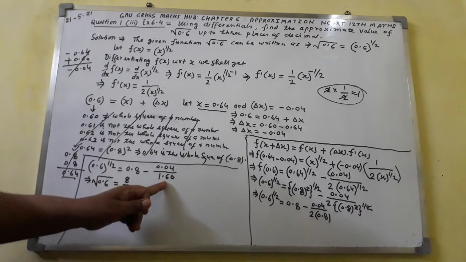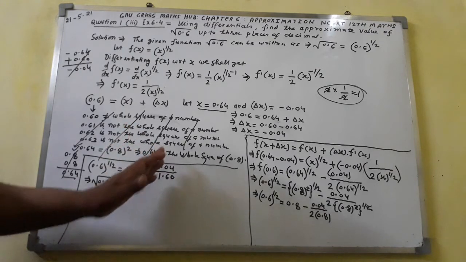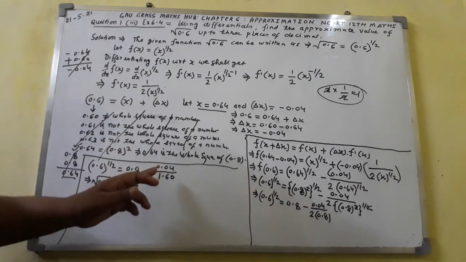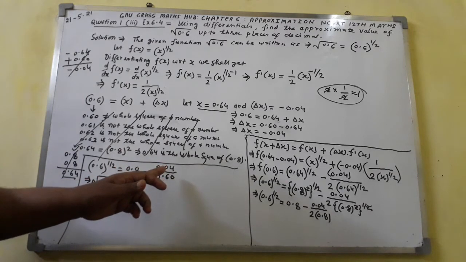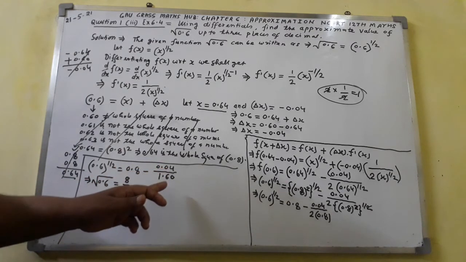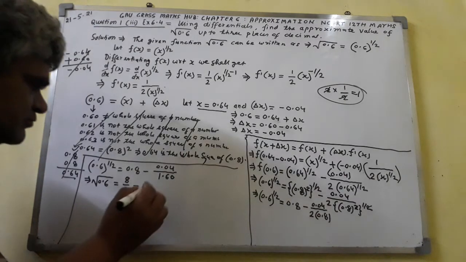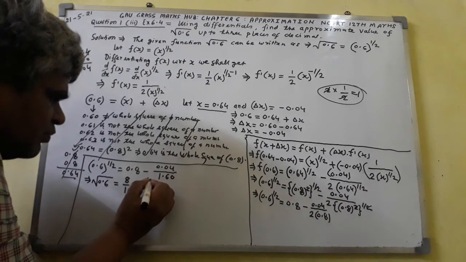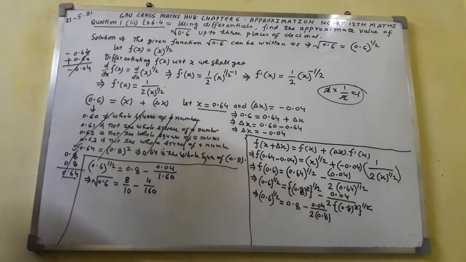Here also in denominator after decimal 2 digits are available. This will be cancelled out. In other sense, multiply numerator as well as denominator by 100. So we will get here 4 over 160. This one you will get.